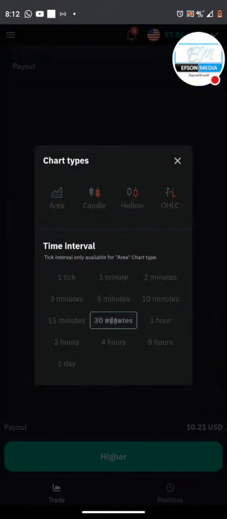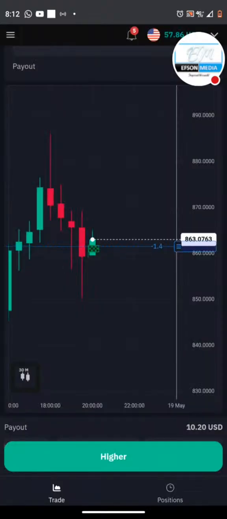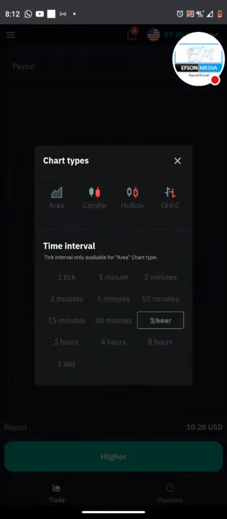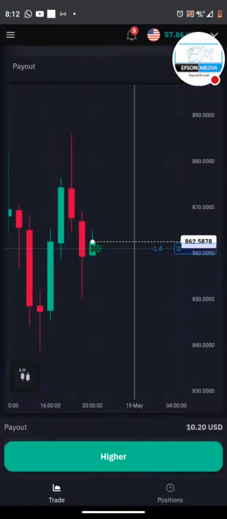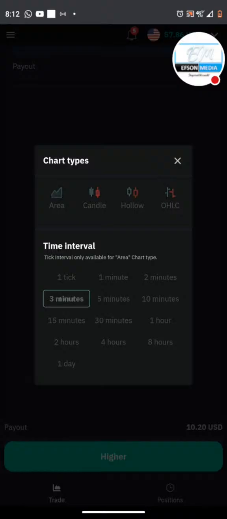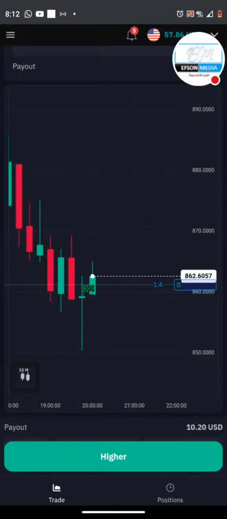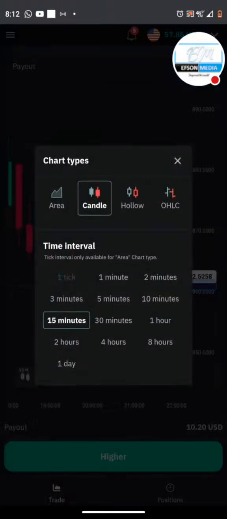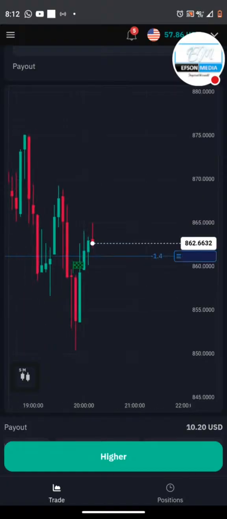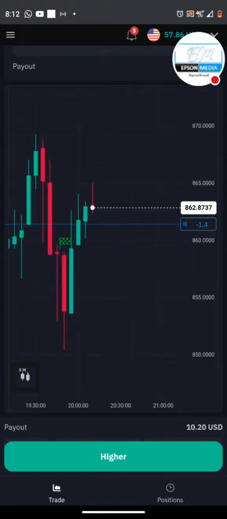Let's look at the 30. Look at 1 hour. Okay, then let me go back to 15. We are at a nice place to trade now. So now we are going to trade up because now the candles are pulling upward.